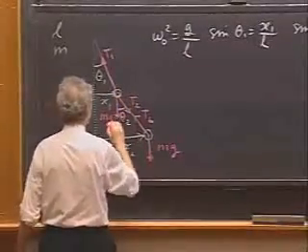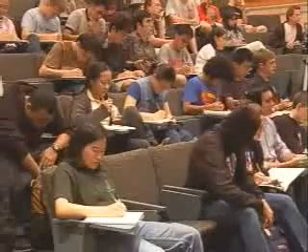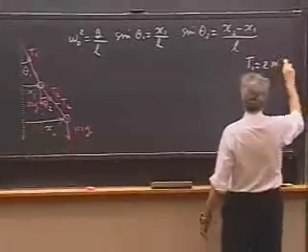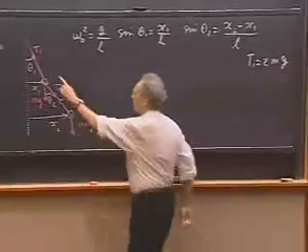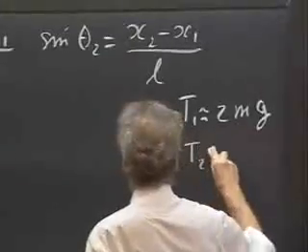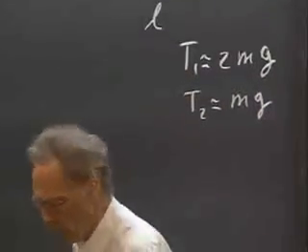Those are the only forces on these objects. At small angles, I do know that T1 must be approximately 2mg, because it's carrying both loads, so to speak. And we know that T2 is very close to mg. And we're going to use that in our approximation.